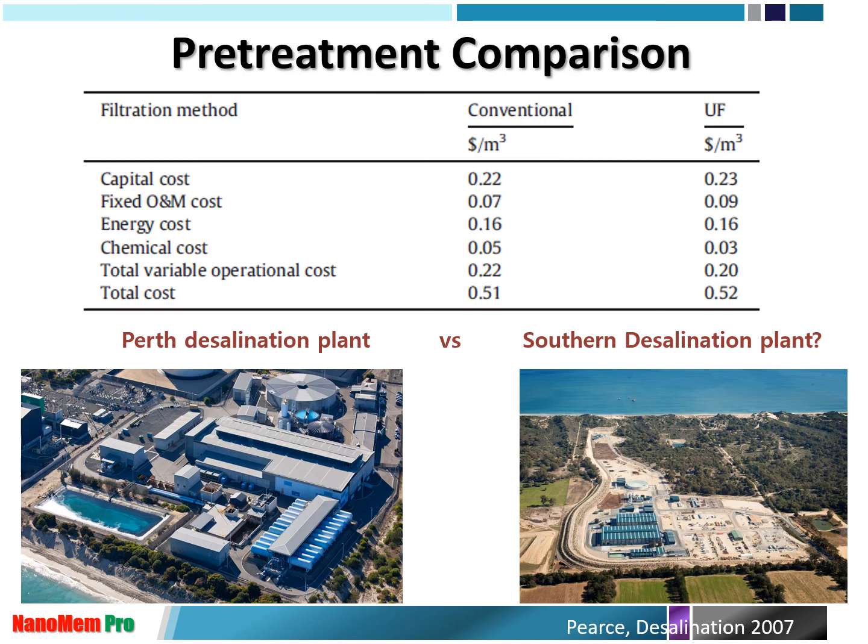That's the reason why they have a relatively very consistent RO operation when you utilize the ultrafiltration pretreatment. On the other hand, Perth desalination plant sand filter has a micrometer size of the pore.